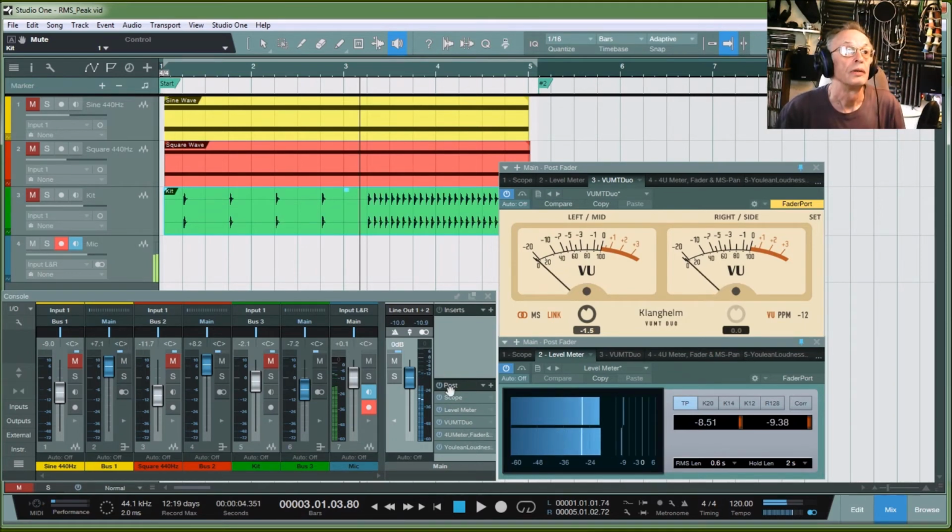That way you still have a fair amount of dynamic range, so you can hear the loud parts and the quiet parts, but you do not go over into clipping.